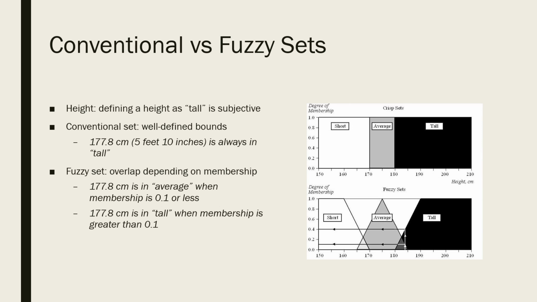But it belongs to both the average and tall fuzzy sets, depending on the degree of membership that it has. This is because fuzzy sets overlap, typically by around 25%, to represent the vagueness that occurs in the real world. So the fuzzy sets allow us to have vagueness that occurs when certain people say 5 feet 10 inches is tall or it's average.